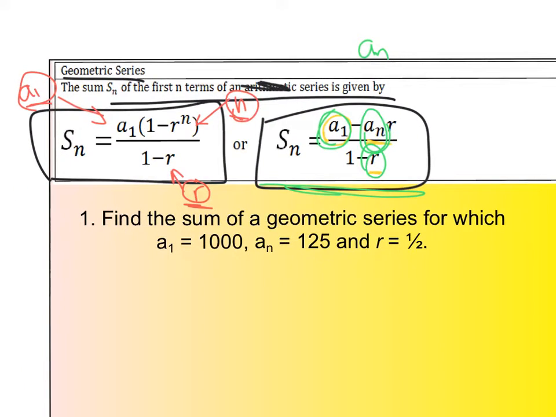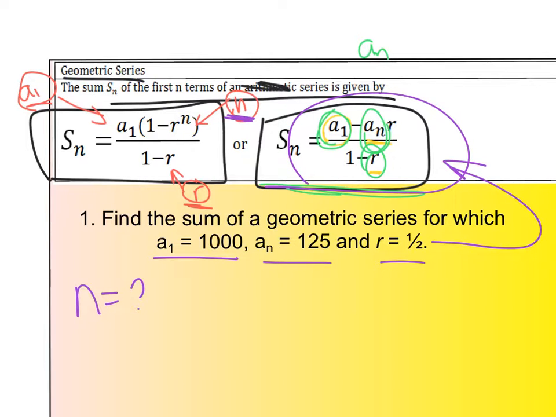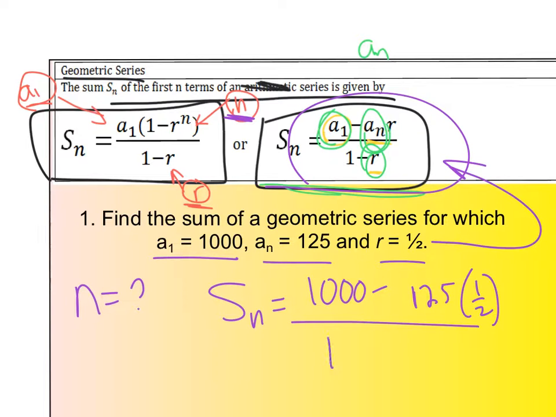For number 1, I know the first term, I know the nth term, and I know my common ratio. I'm leaning towards this formula because I don't know what n is. N is nowhere to be found, so that's why I'm going to use this one. So let's take a look. My sum is going to be 1,000 minus 125 times 1/2, all over 1 minus 1/2.